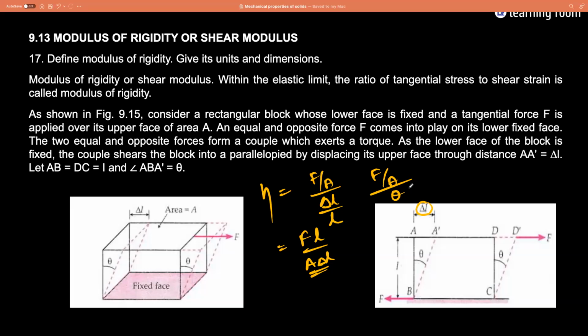So this top and bottom surfaces are parallel, and similarly these two sides will be parallel, but this side and this side will not be parallel. You will be learning about it next year. They'll be parallel, but they will not be perpendicular to the base.